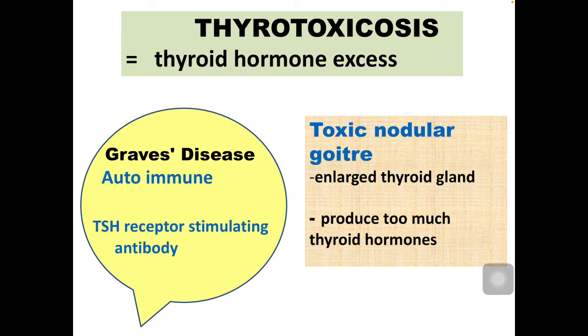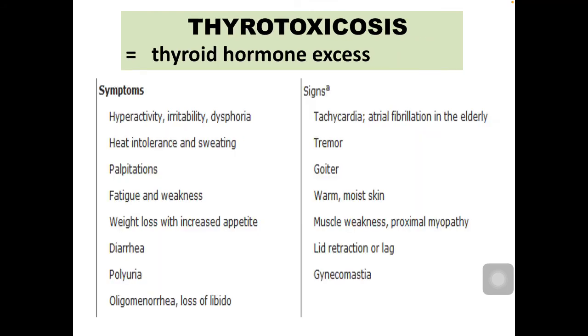Or it could be due to a toxic nodular goiter. That is the second cause. Here, what happens is, due to any reason, the thyroid gland is enlarged and it produces too much thyroid hormones.